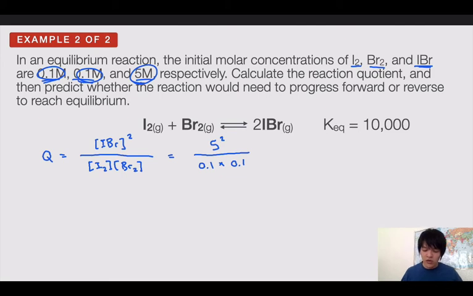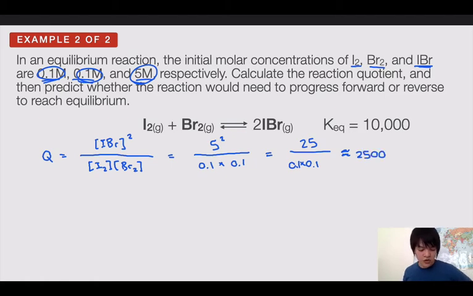Okay, so what we're going to do is simplify 5 squared, which is going to be 25. And on the bottom we have 0.1 times 0.1. Type this in a calculator: 25 divided by 0.1 divided by 0.1. What we're going to get is approximately 2,500.